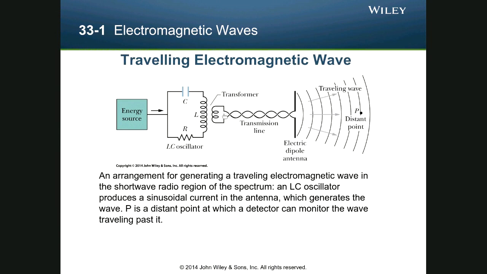You'd have a winding for the antenna, and as you can see, with this LCR circuit, as you go through the inductor, you can use this as a transformer and induce a voltage down the antenna and transmit at the end of this antenna traveling electromagnetic waves.